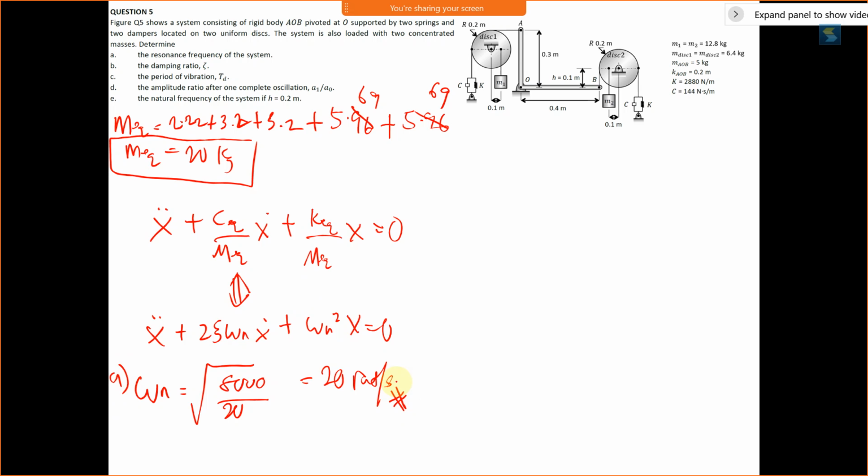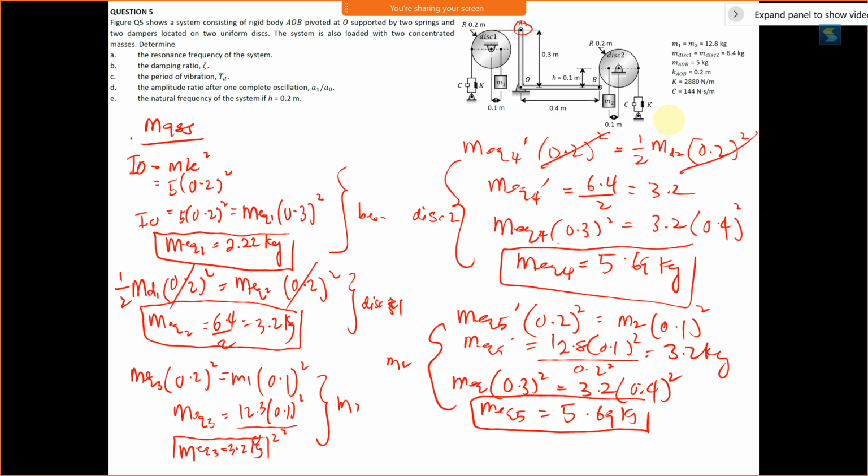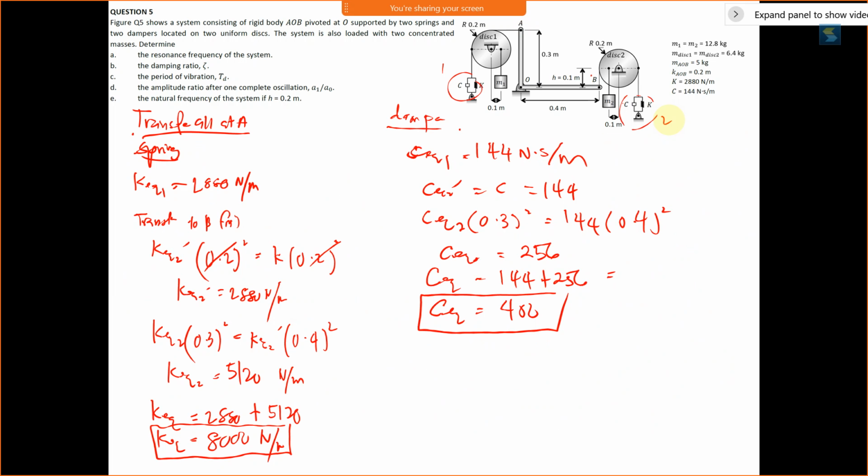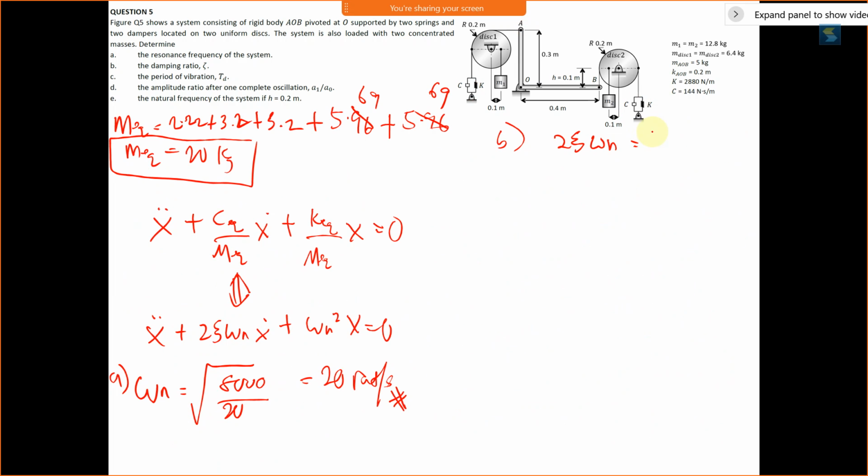Okay. For B, damping ratio zeta. Based on the second equation, 2 zeta omega n equals C equivalent, which is 400 divided by 20.